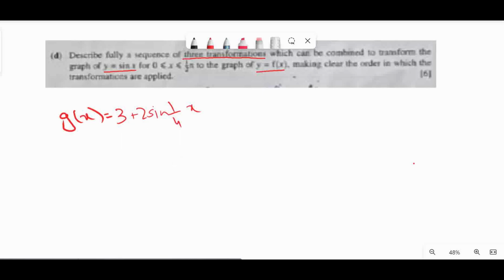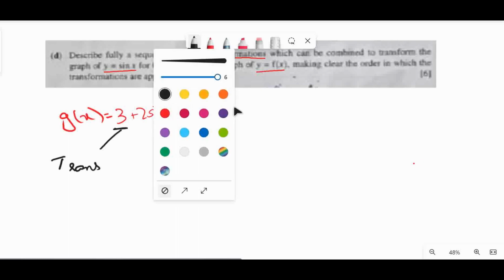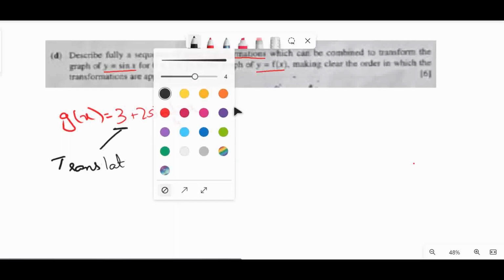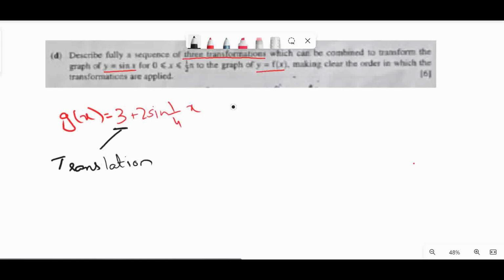Now how can we describe this thing? We can see that this 3 is the vertical translation.